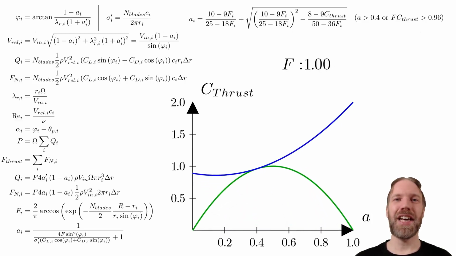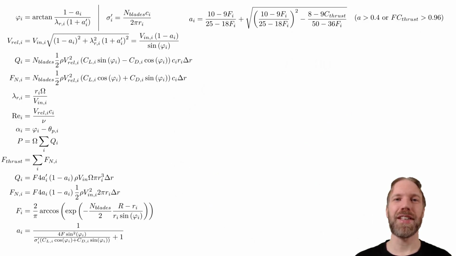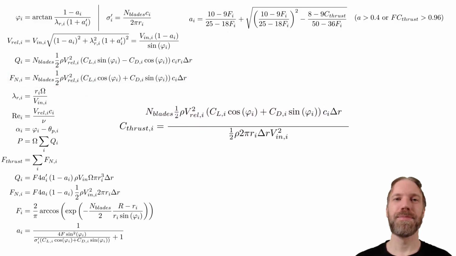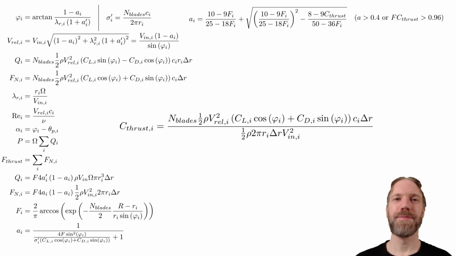Let us continue and derive an expression for the thrust coefficient that we use in the model. Start from the definition of the thrust coefficient and insert the area for the segment. Then use the thrust force from the blade element model. The density and delta R cancel.